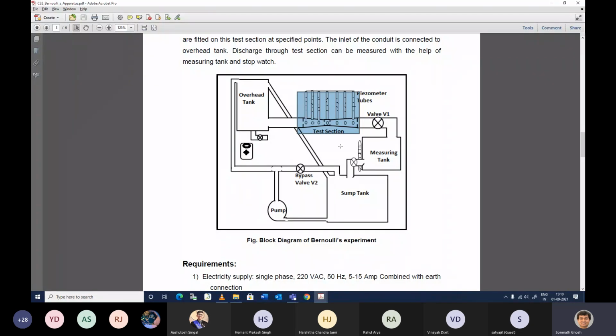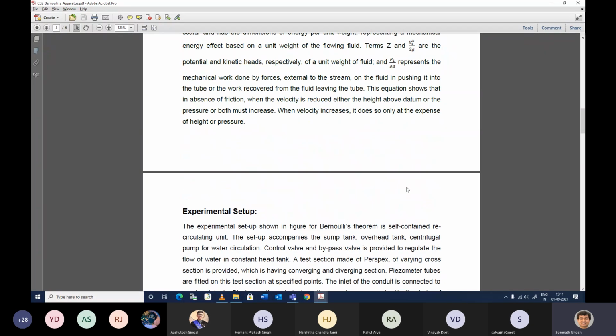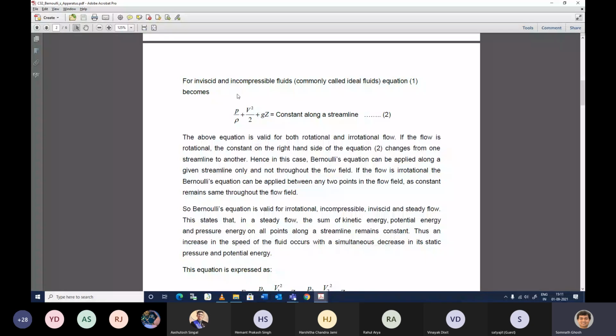Once you start flowing the fluid through the entire circuit of the pipe, at one point you measure the amount of fluid releasing from the pipeline, and from that measurement you can calculate the average volumetric flow rate. From that flow rate you can calculate the velocity.